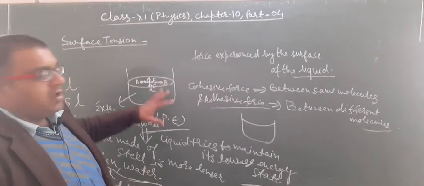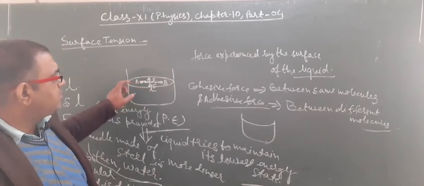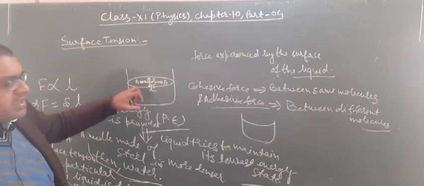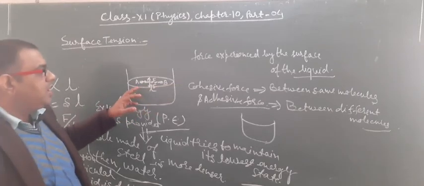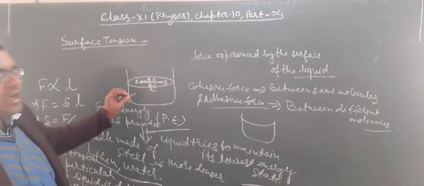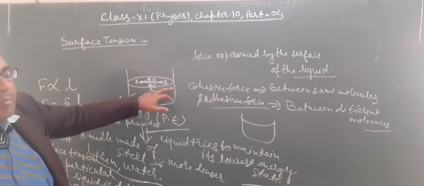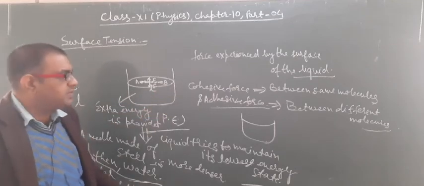So in a nutshell, I am giving you a brief idea about surface tension. Suppose there is a liquid inside the container, then various inter and intramolecular forces act: cohesive force acting between the particles of the liquid, and adhesive force of the liquid particles on the vessel in which the liquid is placed.